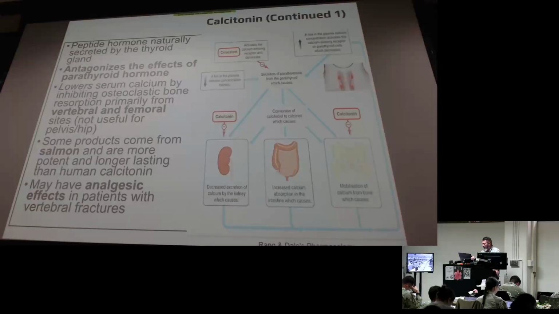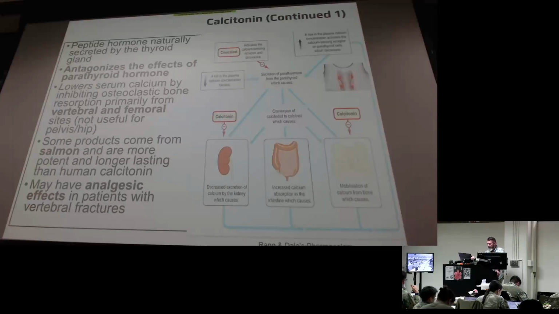It does come as a nasal spray. Its effect on bone density is minimal. It is not a first line. It hasn't been shown to reduce fracture risk significantly or consistently, and there is an increased risk of cancer with long-term use of calcitonin.